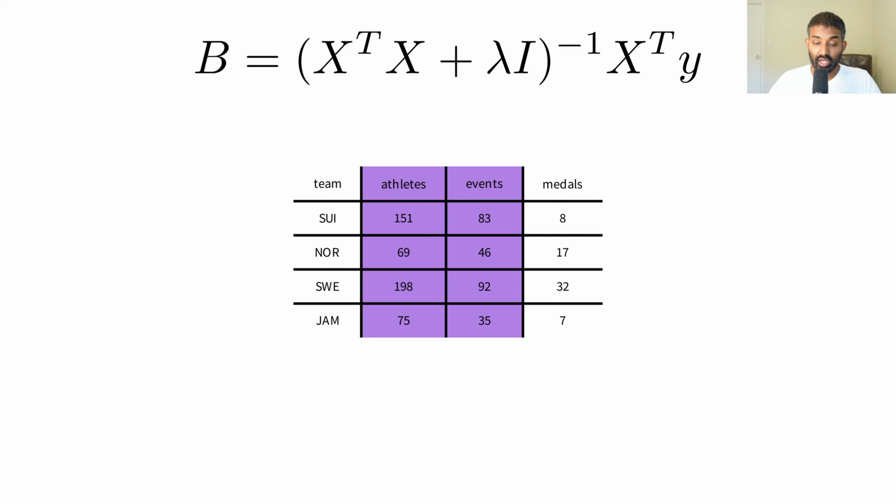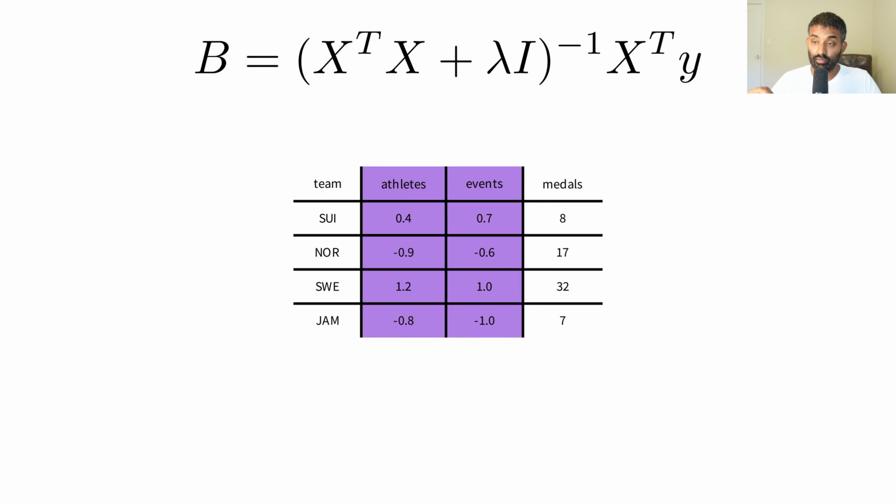And then when we look at our lambda term, if our lambda is 2 or 5, that lambda term is on a different scale, right? It's much smaller. What we want is our lambda to be about on the same scale as our columns. So we just standardized our athletes and events columns, and you can see these values are much smaller. And then if we were to go to another data set and apply a similar lambda, we would get similar results.